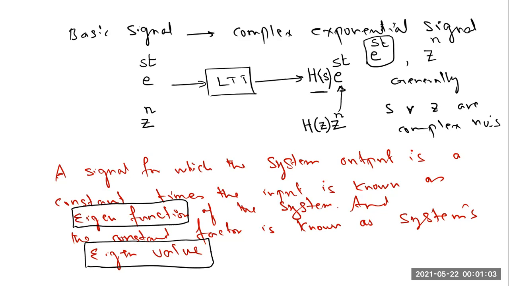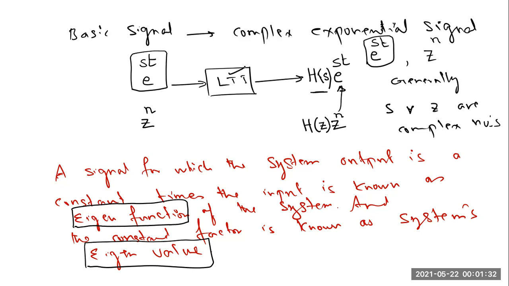So, what is eigenfunction? Eigenfunction is that function, and again, if you remember, from our perspective, function and signal is the same thing. So eigenfunction is that signal which, when you apply it to the system, the output of the system is the same signal multiplied with some constant. So with this definition, now you can clearly see this function is eigenfunction of LTI system.